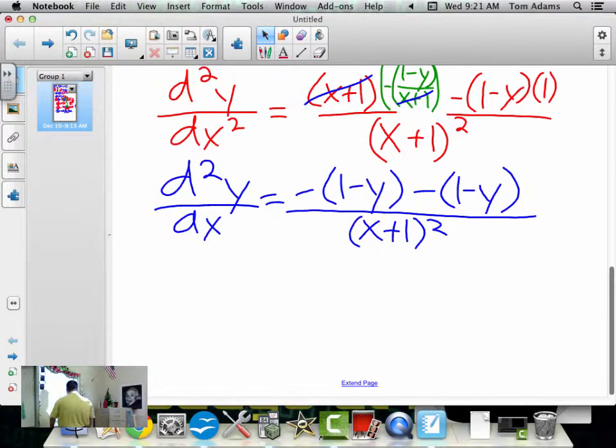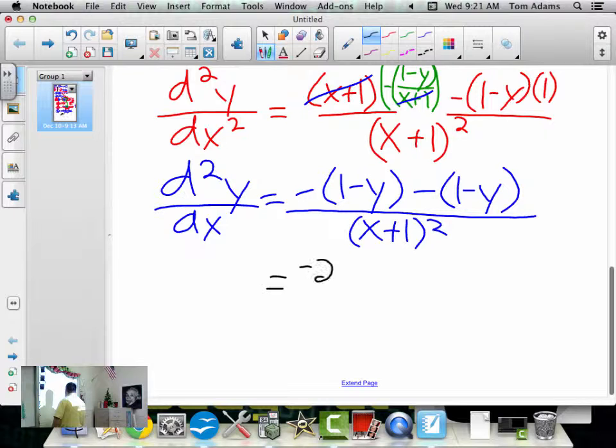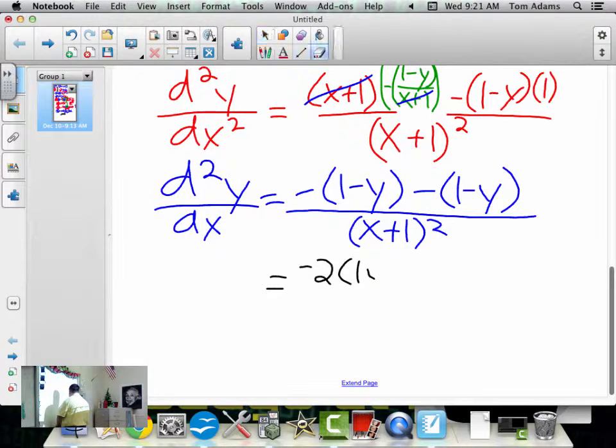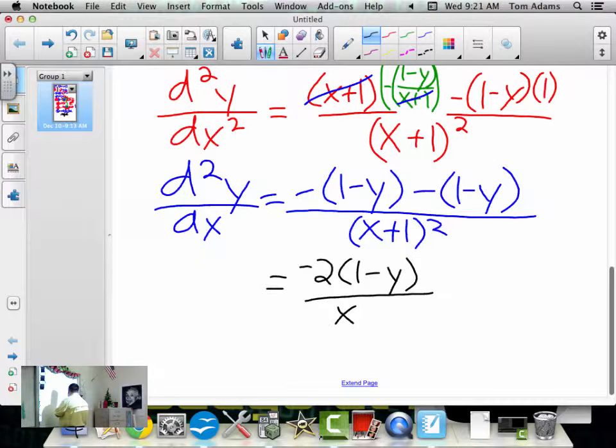Now I'm purposefully writing every little step because I don't want to go too fast. But if I have a negative of something and then I add another negative of it, I have two negatives of that, right? Does that make sense? Yes. So really what I have here is negative 2 times 1 minus y all over x plus 1 squared.